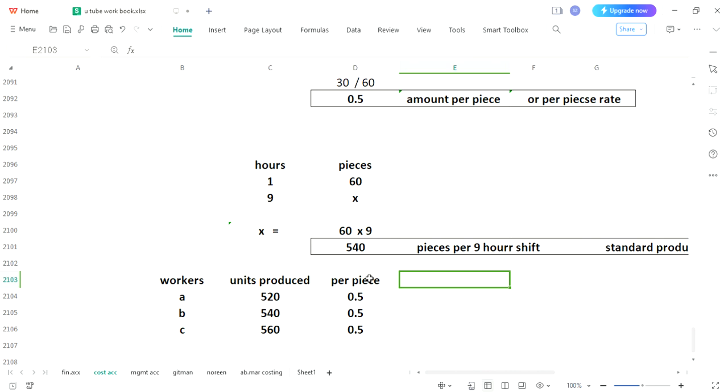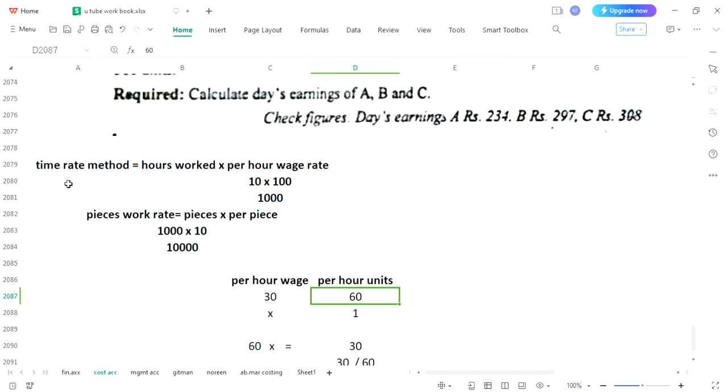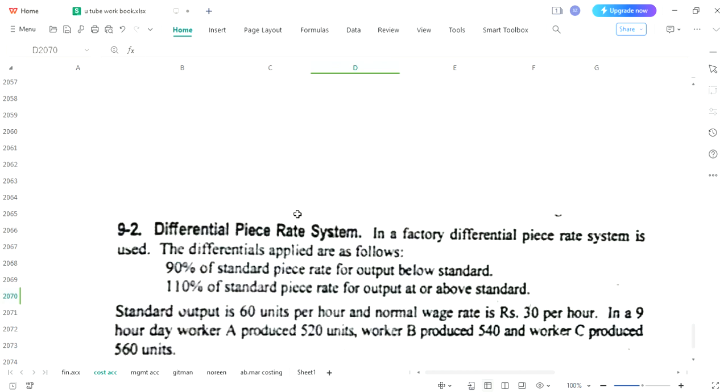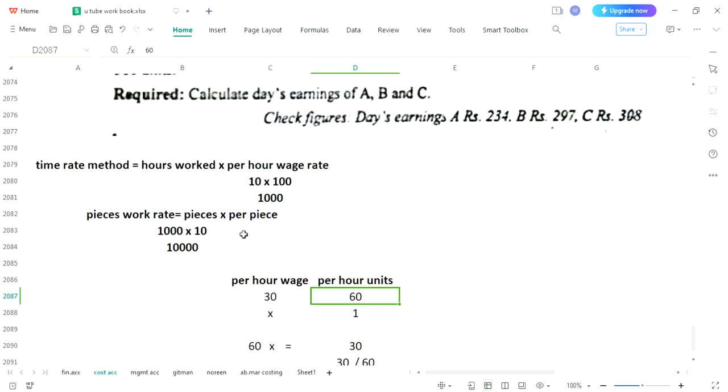To calculate our wages, we will follow our formula which was described at the start of the lecture as well. You have seen there were two methods and we are following piece rate. Why are we following piece rate? Because it is given in the question. Our requirement is to calculate according to the piece rate system.